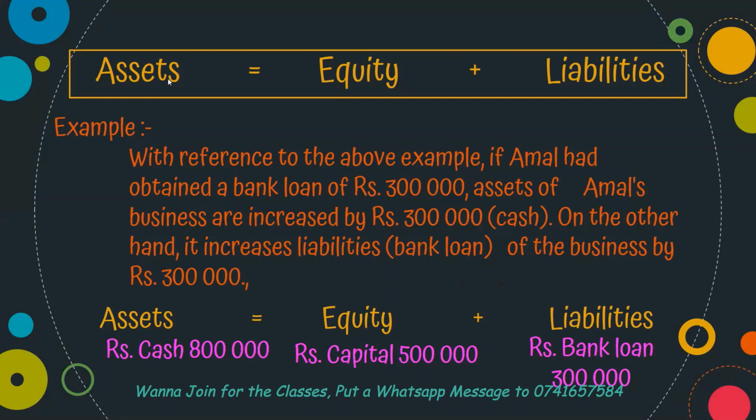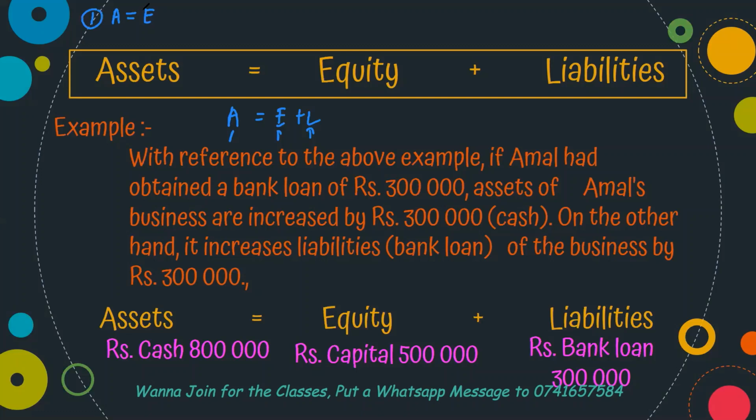Generally, in your exams, you will get these types of equations. That means A equals E plus L. A for assets, E for equity and L for liability, right? So in our previous example we only get assets equals equity.